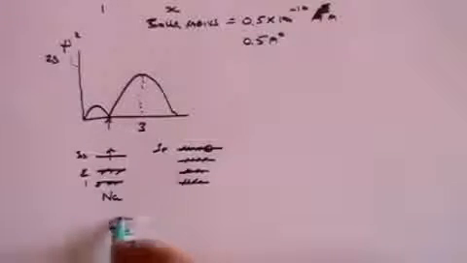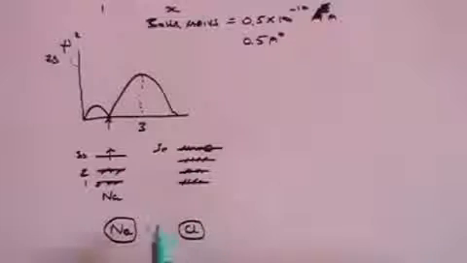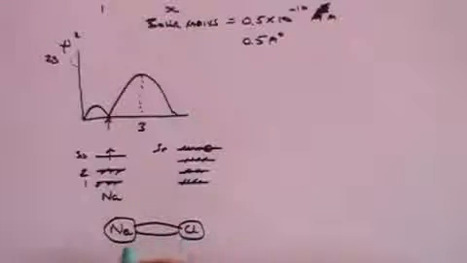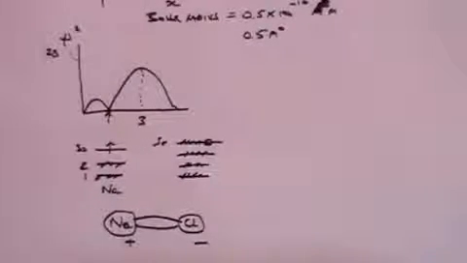Sodium, which has a spare electron, lends it to chlorine, and that forms a bond. And when it does so, sodium will be slightly positively charged because it's lost an electron, and chlorine will be slightly negatively charged because it's gained an electron. And that's sodium and chlorine bonding together to form sodium chloride.